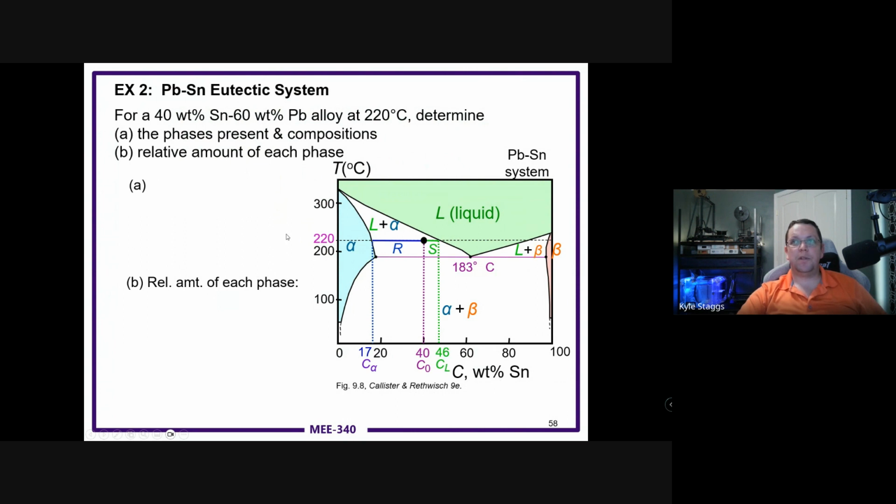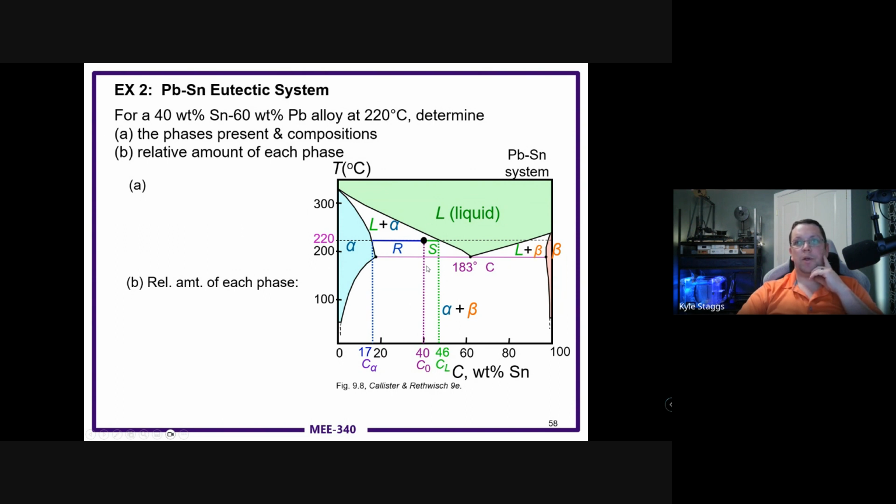So this is using our lever rule, and this gives us what we need to calculate the relative amount of each phase. So remember that we use one side divided by the sum of the two. So the 17 plus 46 gives us the weight fraction for alpha, and then what remains, in this case, the remainder is going to be liquid.